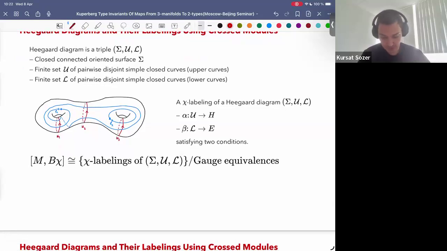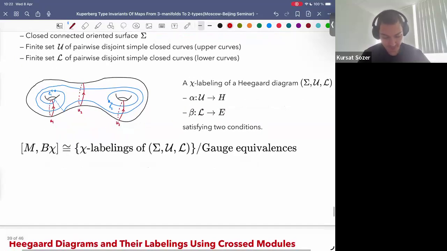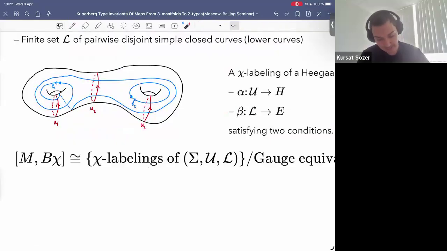One of the conditions, I can say, is not that bad. When we start from this lower curve, on each intersection we have a color of this thing. So we assign, let's say, chi lower one. So the first condition is beta of lower one.